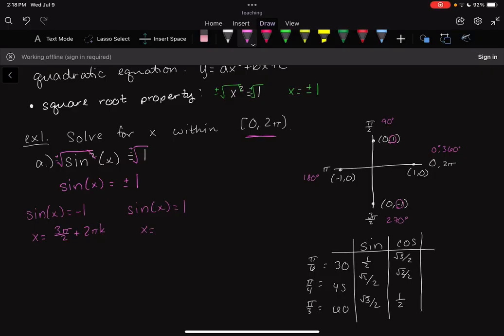Sine is equal to 1 at pi over 2, or 90 degrees. If the problem had said for all values of x, we would be boxing this in. But it did not, so we'll just write out the values that we want. So just pi over 2 and 3 pi over 2.